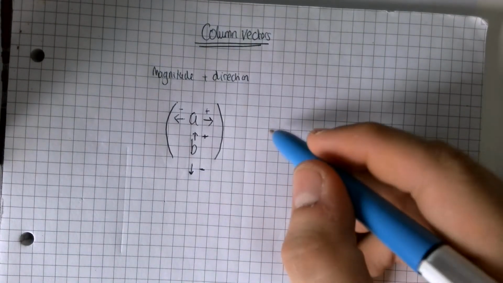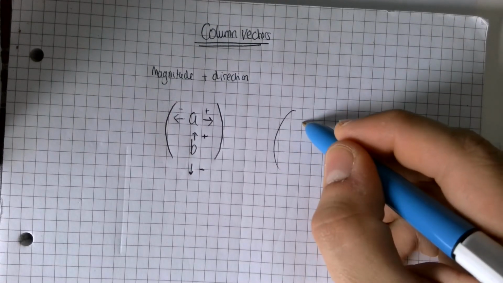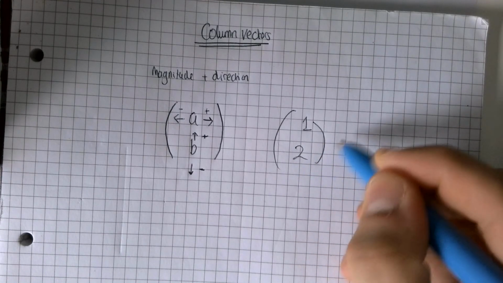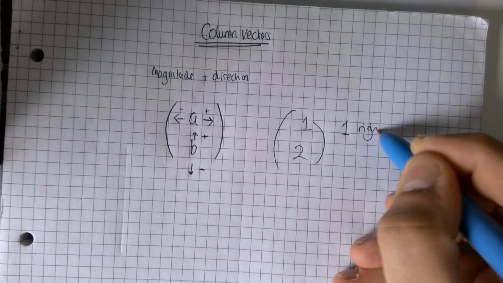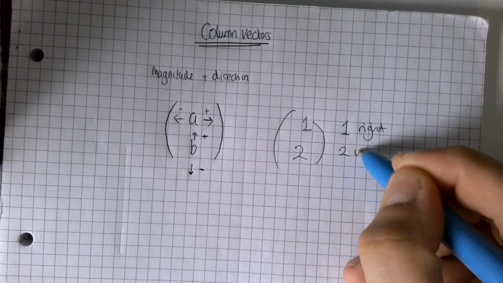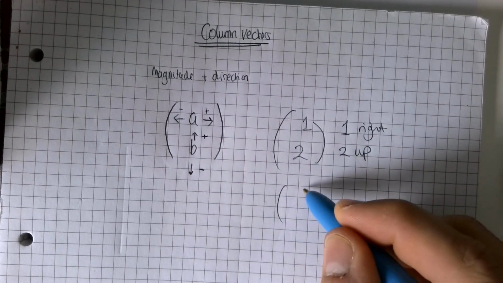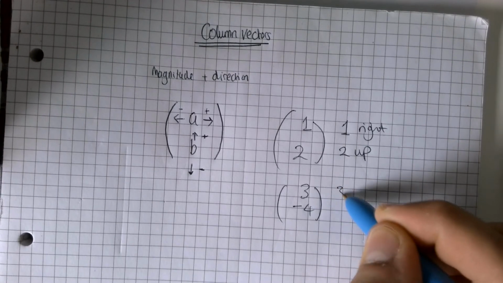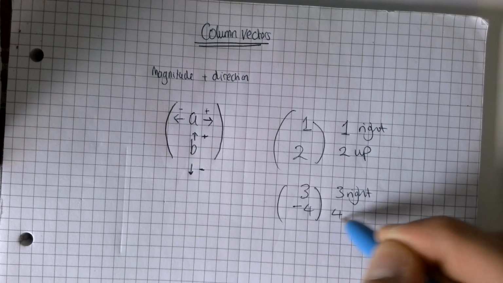So for example, if I just give you a few examples of a vector, if I said vector 1, 2, that means a movement of 1 to the right and 2 up. Okay, if I had a vector of 3, minus 4, I'd be moving 3 right and 4 down.